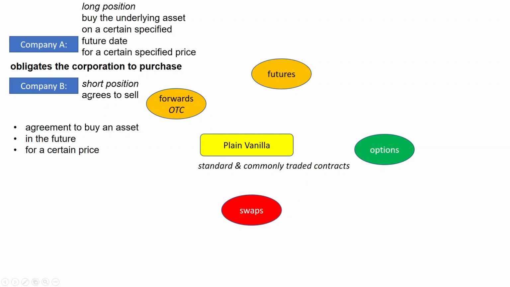And in the case of a short position, they are agreeing to sell with similar parameters. What is really important here is that this is an obligation, so you are not able to step backwards. But from a pricing point of view, they are completely the same. So it doesn't matter for us whether we are talking about futures or forwards. From a calculation point of view, this is just a technicality.